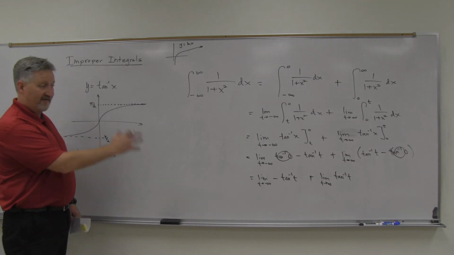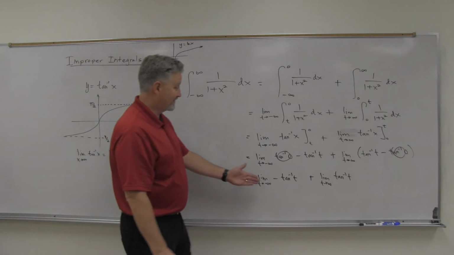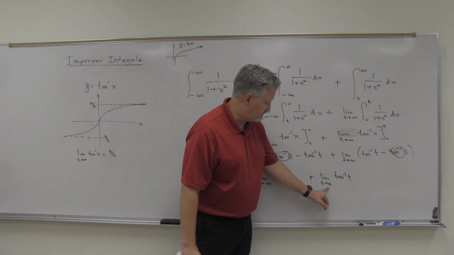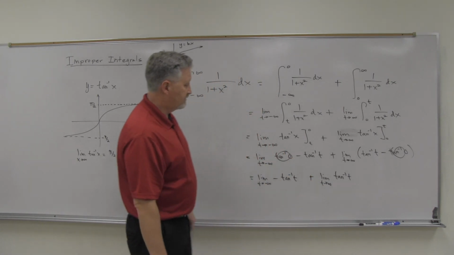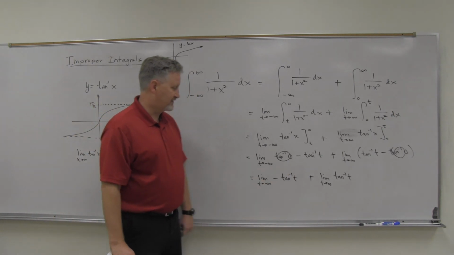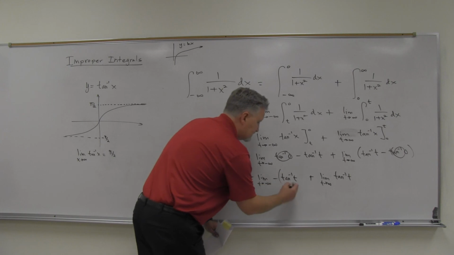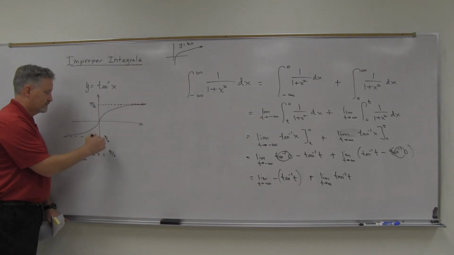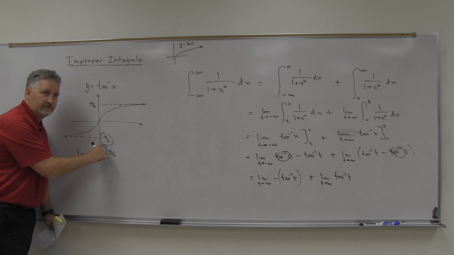That's 0. Well, look at that. So we've got both: t goes to negative infinity, negative tangent inverse, and t goes to infinity, tangent inverse. However, this is negative tangent inverse of t, and t goes to negative infinity. That part goes to negative pi over 2, doesn't it?